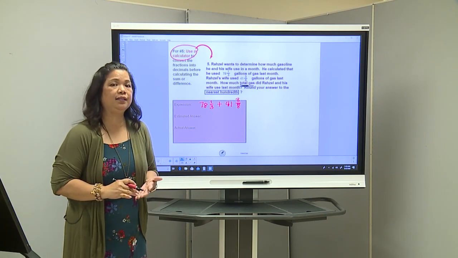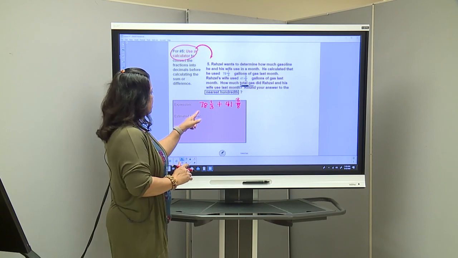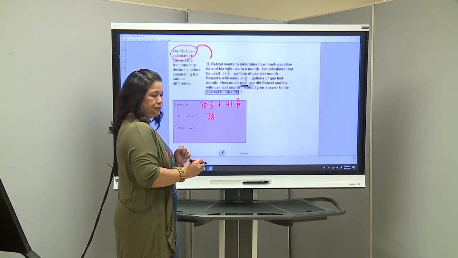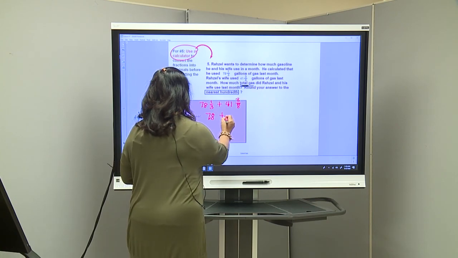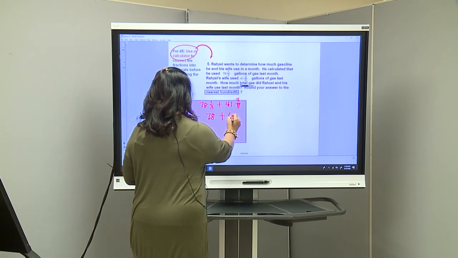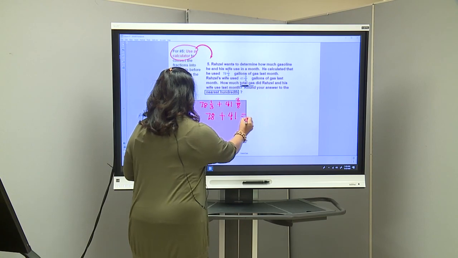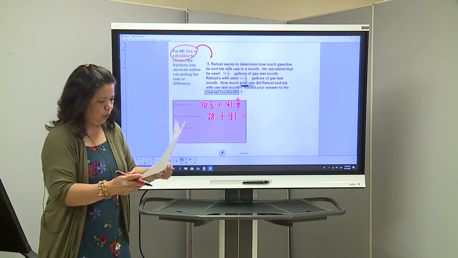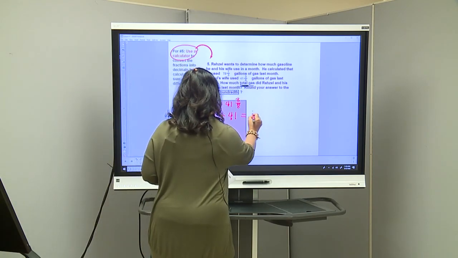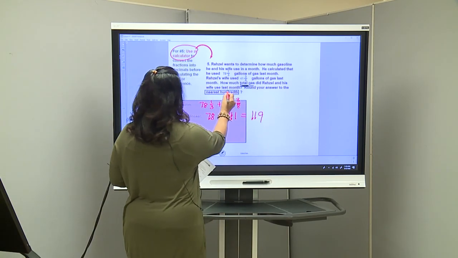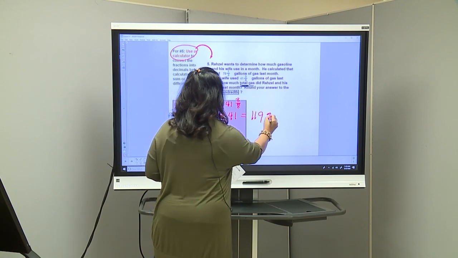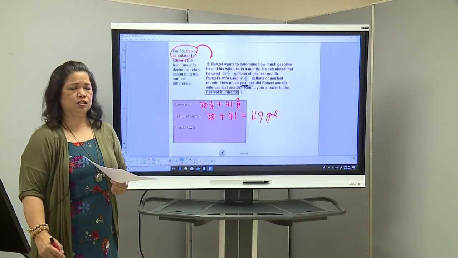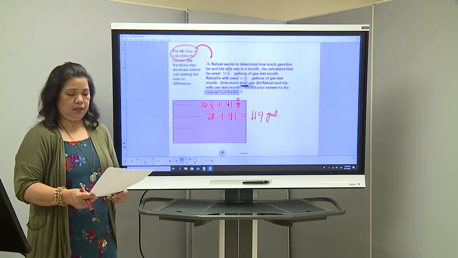Meanwhile, let's find the estimated sum. 78 1/3 is about 78, plus 41 3/8 is about 41. So our estimated answer would be 119. Okay, 119 gallons of gasoline that they consume. That is our estimated sum.